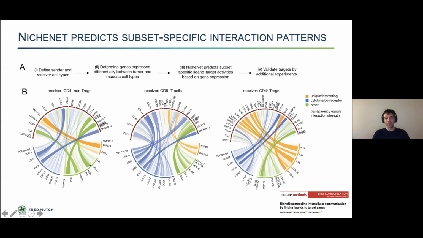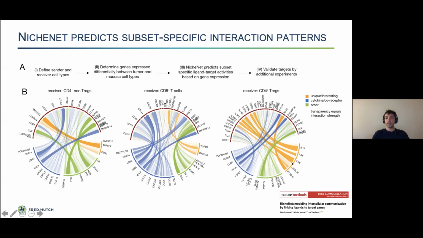Green, I called them other, are things where we weren't able to make a lot of sense of what these molecules might do in the tumor microenvironment. And in orange, you can see the ones predicted by NICHENET to be only active either in the CD4 non-Tregs, which is this population here, the CD8 T cells, which is this population here, or the CD4 positive Tregs.